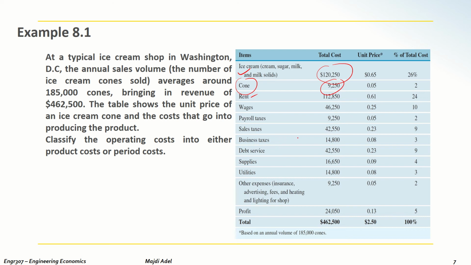Business tax, similar to a license fee, is 14,000. Debt service is 42,000. Then supplies, utilities, other expenses, and this is the profit. And this is the unit price or the unit cost, just 120,000 divided by 185,000.